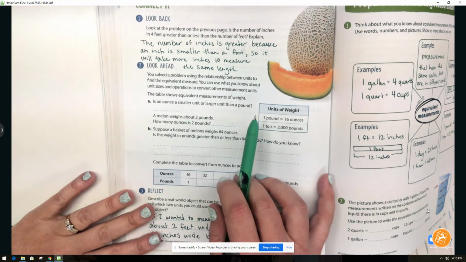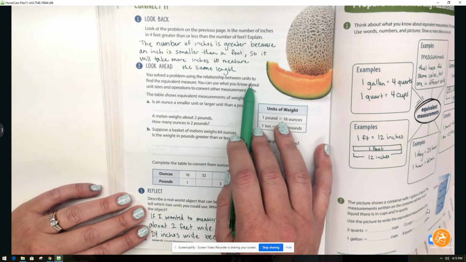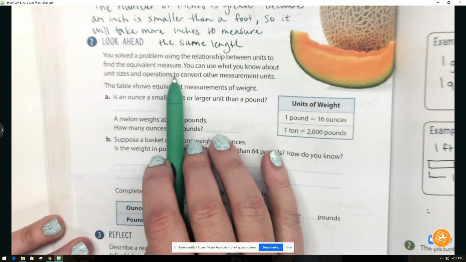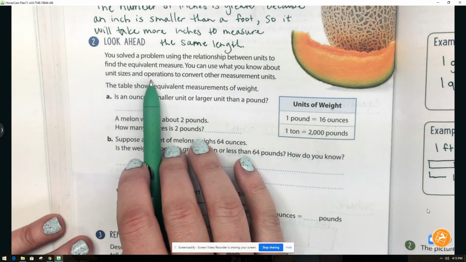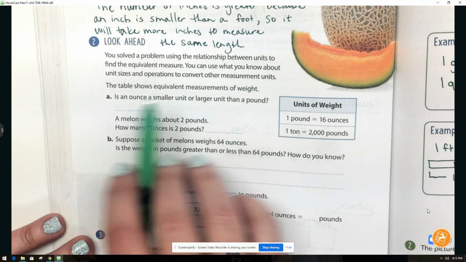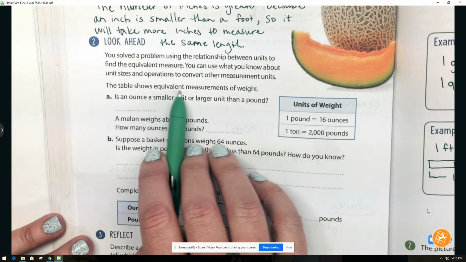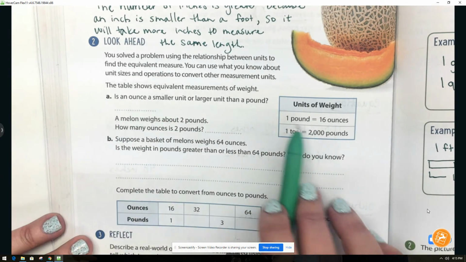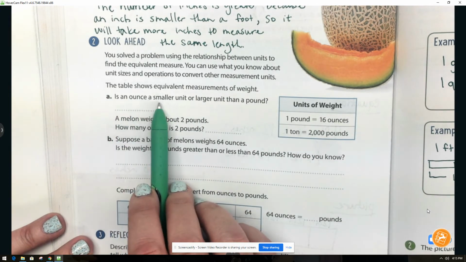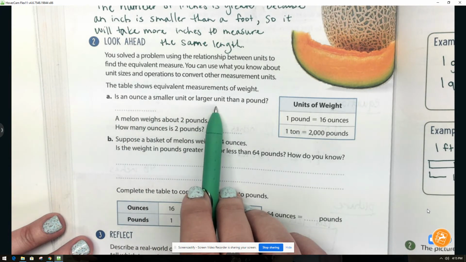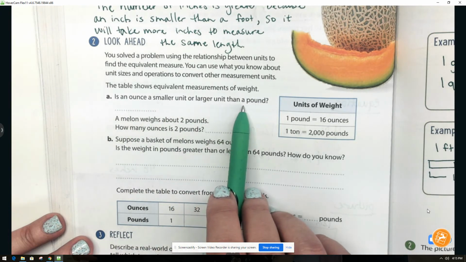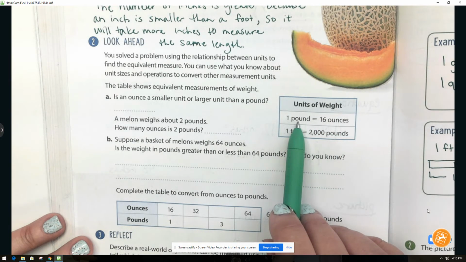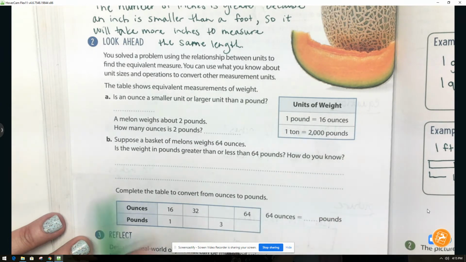Now, we solved this problem using the relationship between units to find the equivalent measure. You can use what you know about unit sizes and operations to convert other measurement units. The table shows equivalent measurements of weight. So this is a table here. Looking at this table, is an ounce a smaller unit or a larger unit than a pound?